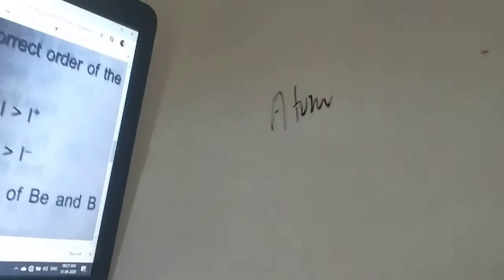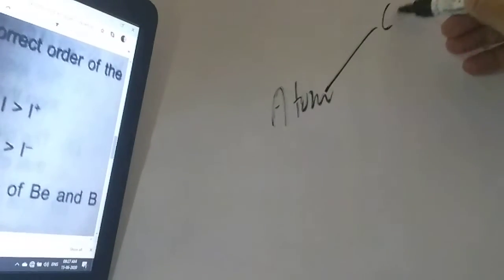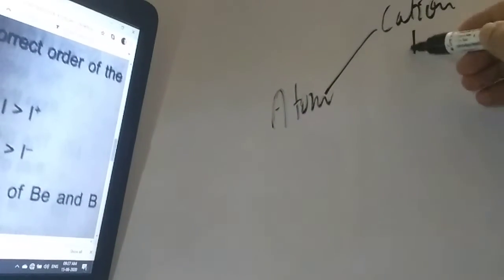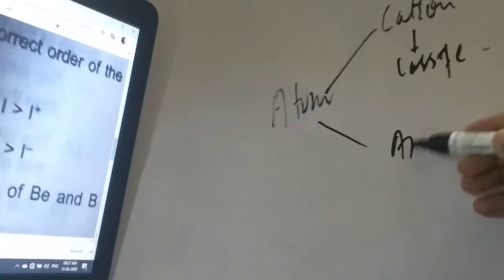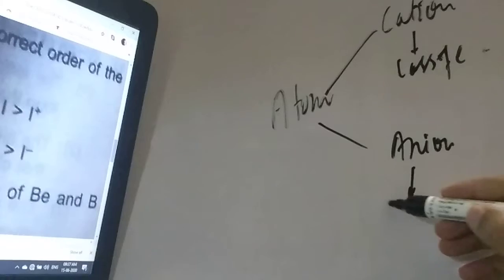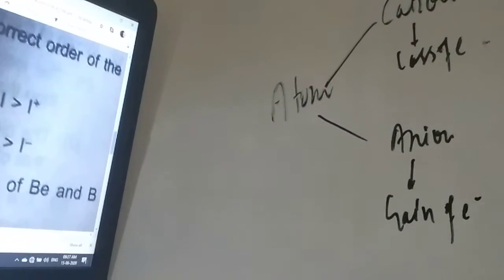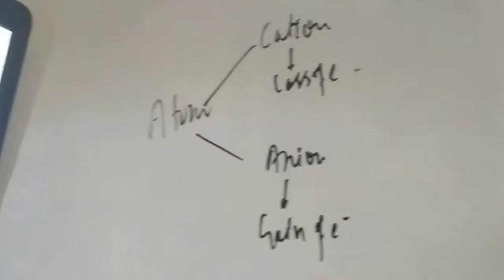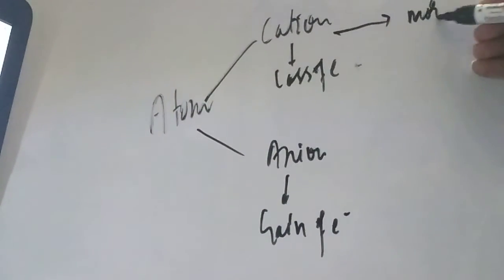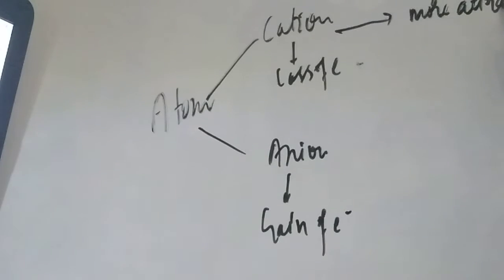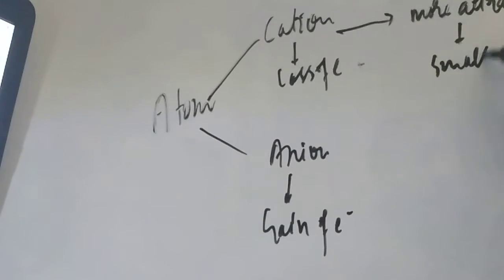A cation means loss of electron, and an anion means gain of electron. With loss of electron, there is less electron and more proton, so more attraction. More attraction means small size.